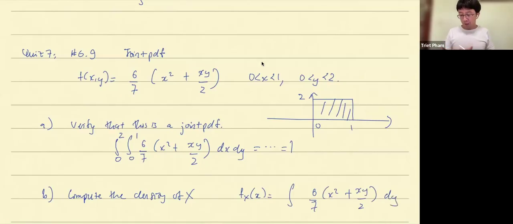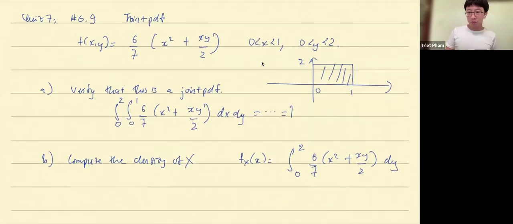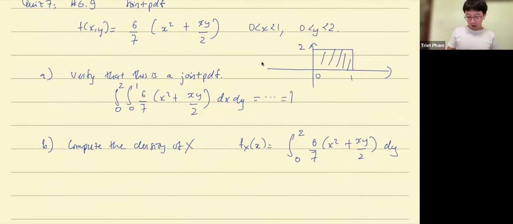Y goes from where to where? For a fixed value of x, y goes from 0 to 2. Yeah. Nothing there. So a rectangle is pretty easy in terms of region.